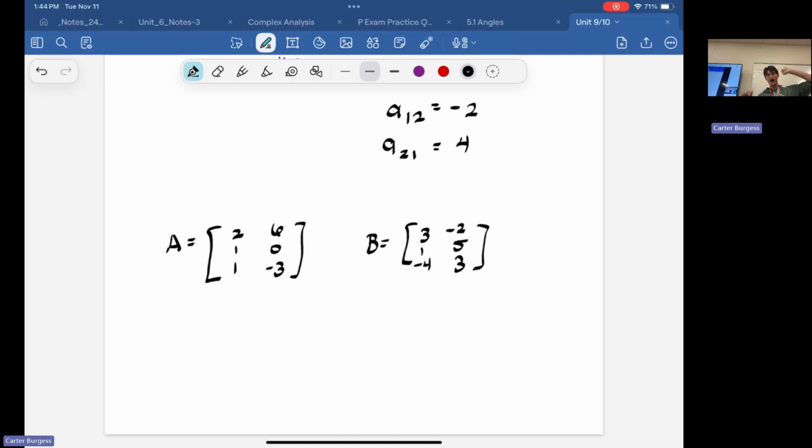Okay. What did you guys do for our matrix addition? What did you end up getting? So 5, 2, -3, and then 4, 5, 0. What did you do for this? You just add the components that line up?